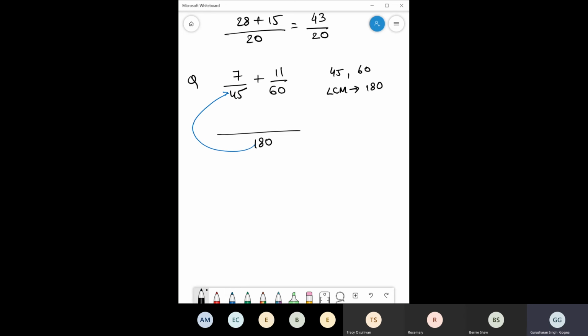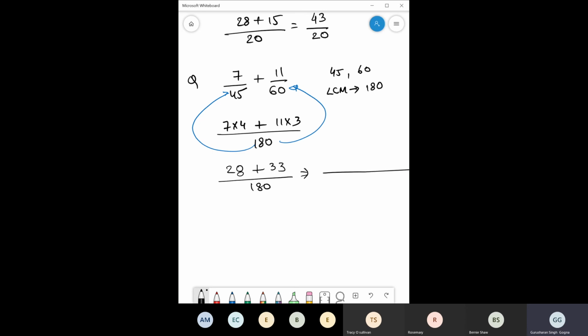So 7 by 4 on the top, and 180 divided by 60 will give you 3. 11 by 3. 7 4 is 28. 33 over 180, and this will give you the answer.